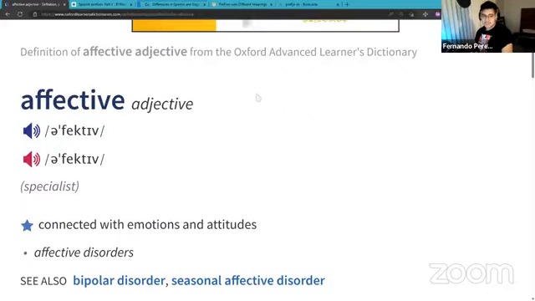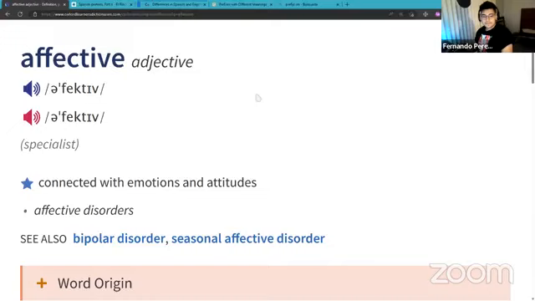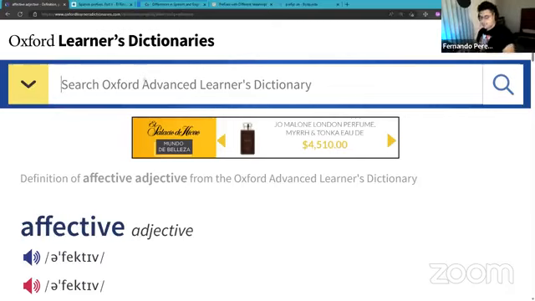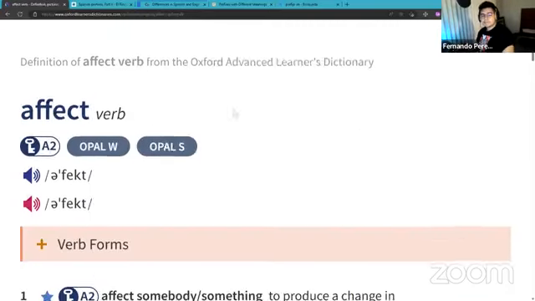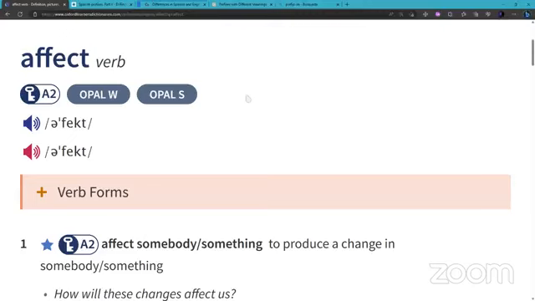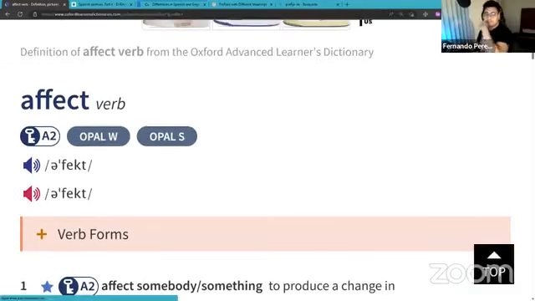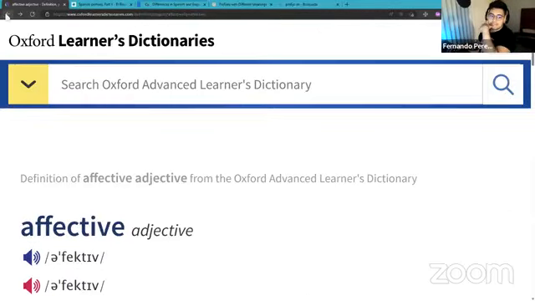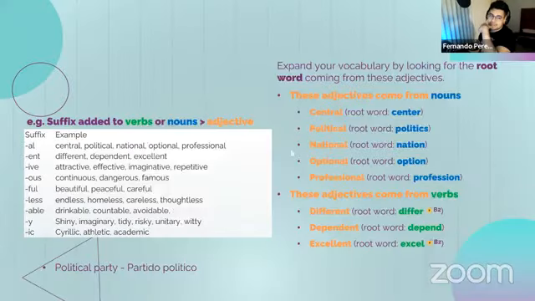Affective, connected with emotions and attitudes, is specialist vocabulary, which means it's technical. But in this case, effective probably comes from the word affect, which is a verb, to produce a change in something. Yes, it makes sense.